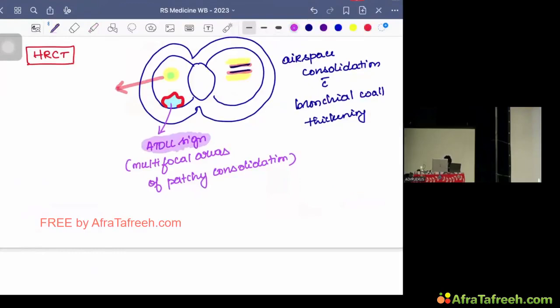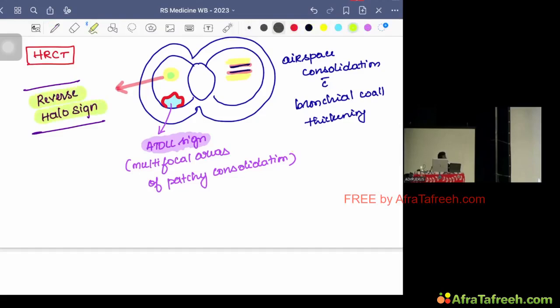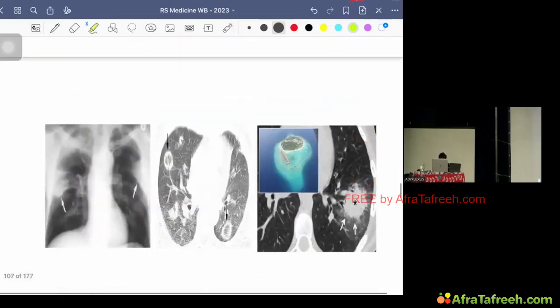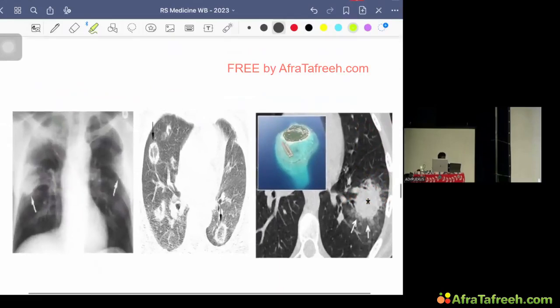So there are two signs here: one is called the Atoll sign, the other is called the reverse halo sign. In this image, you see lots of areas of patchy consolidation along with the reverse halo sign.